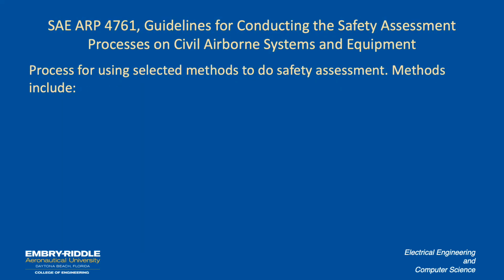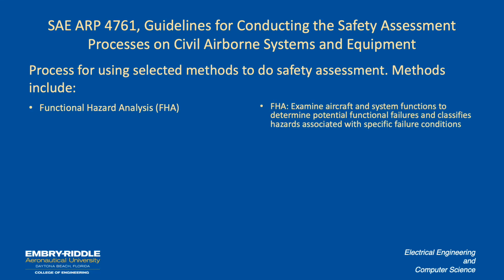But 4761, the second one mentioned, the Guidelines for Conducting the Safety Assessment, covers processes we've already talked about, like functional hazard analysis. Again, in the functional hazard analysis, we go over the aircraft and its systems and talk about potential failures associated with each one and determine whether the failure would be a catastrophic, severe, major, or minor consequence.